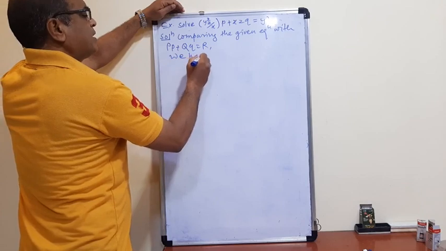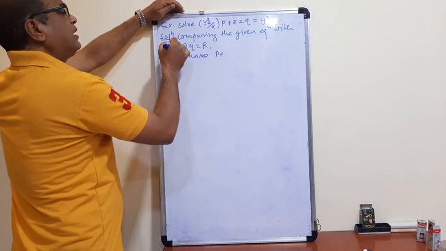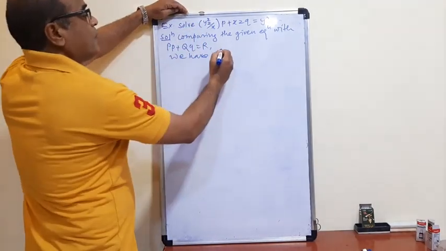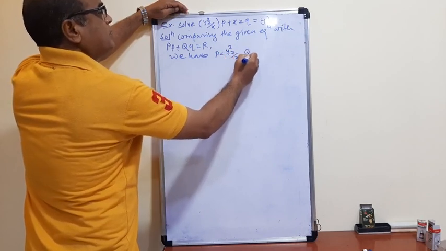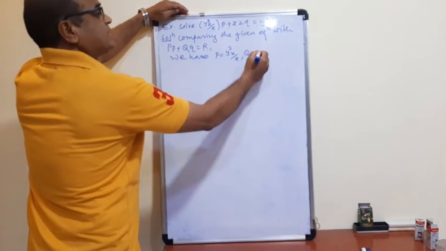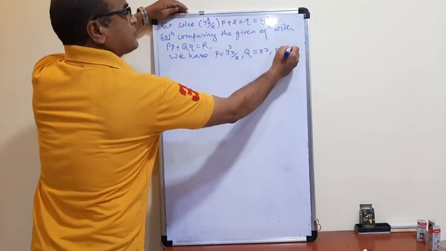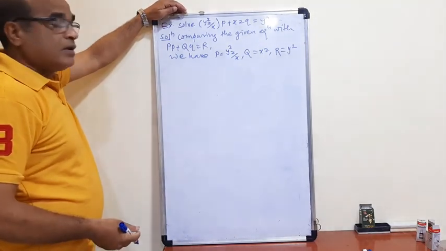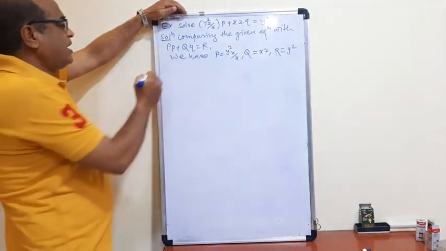So what is P? Comparing both equations, P is equal to y square z upon x. What is Q? Q is equal to xz. What is R? R is equal to y square. Okay? Then, what is Lagrange's auxiliary equation?